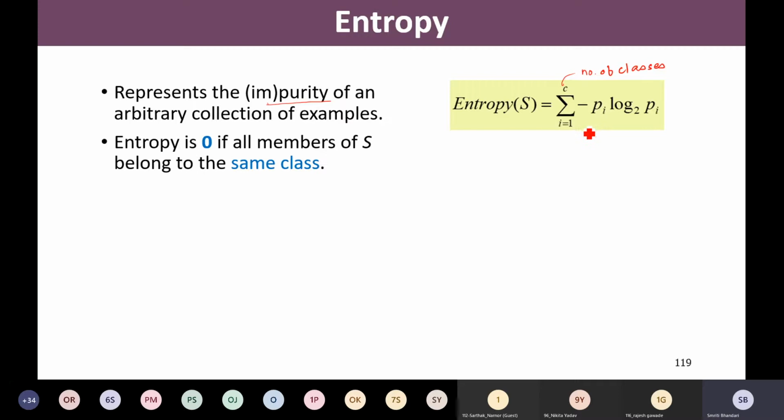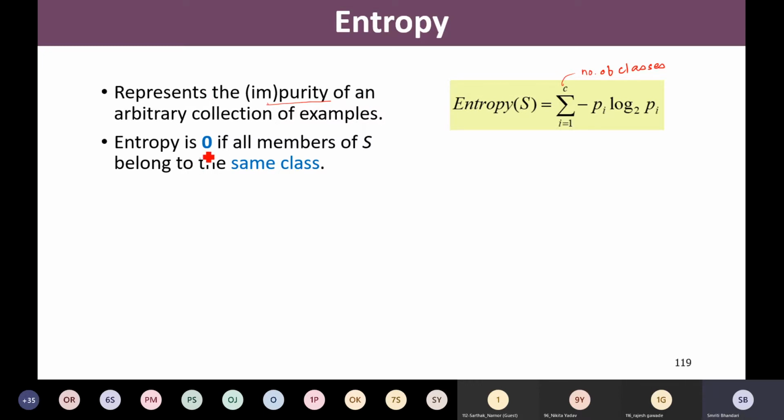And how does this entropy help us? If I have all the samples in a particular data set with the same class, then obviously my entropy is 0.